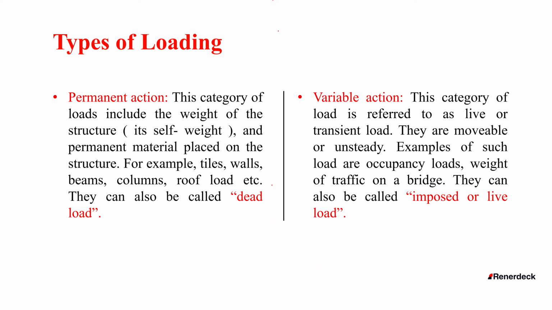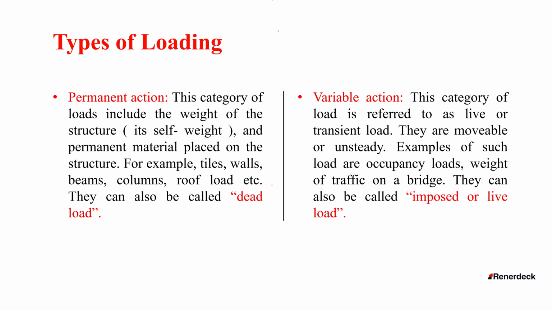Some of these permanent loads or materials are tiles, walls, beams, columns, roof load, etc. They can also be called dead load. Permanent action is a notation used in Eurocode if you are designing structures. So anywhere you see actions, they're actually talking about loads.